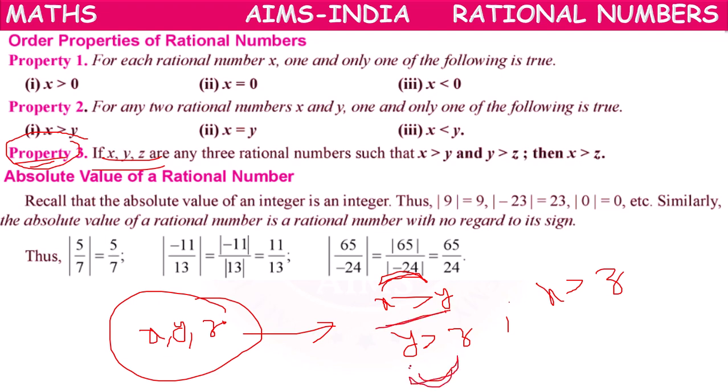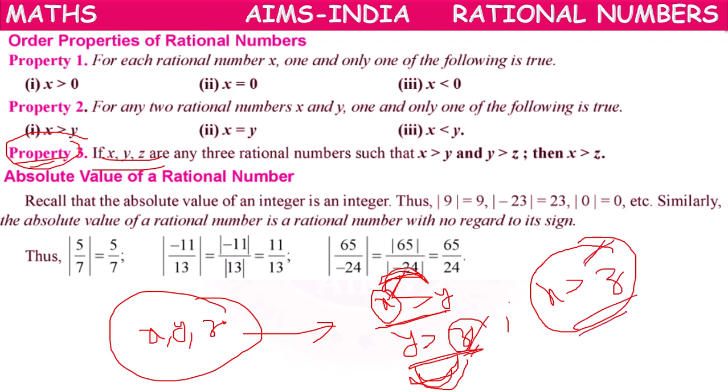If these two conditions exist, then this condition will also exist. This is property 3.